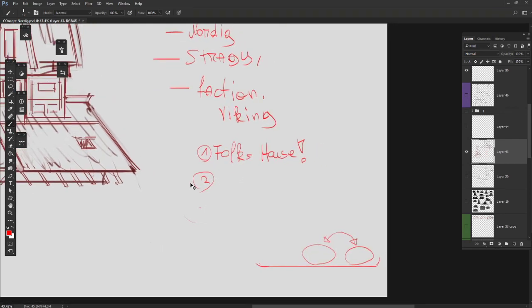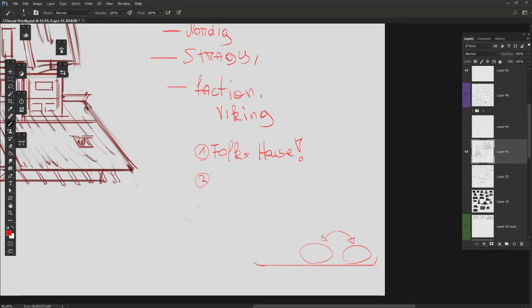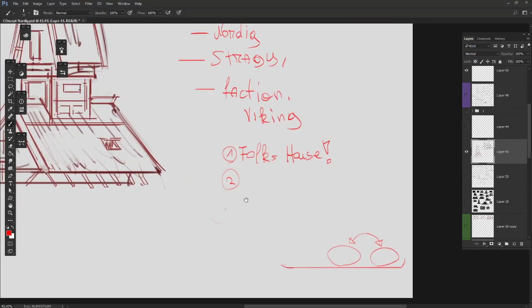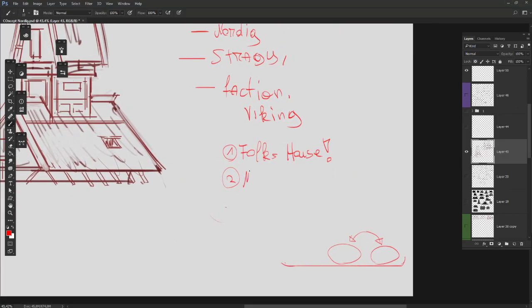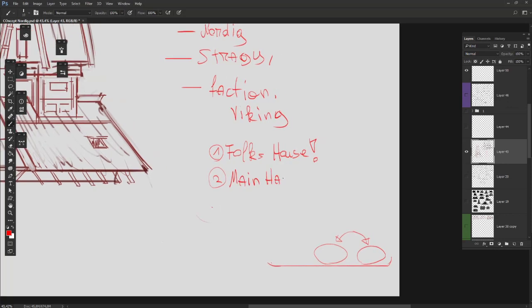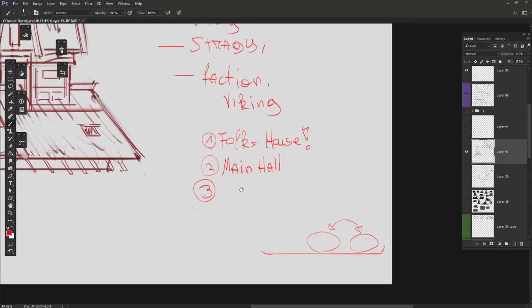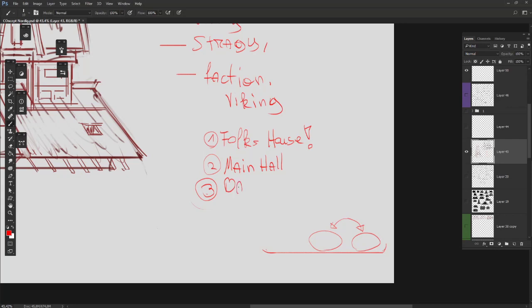The second thing, we need to build some workers. I actually played a lot of strategy games in order to think about how the game could be. So we need a main hall. The third thing that we can add is a barrack, where it's building up your soldiers.